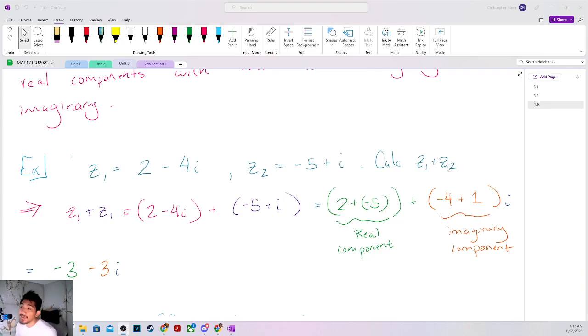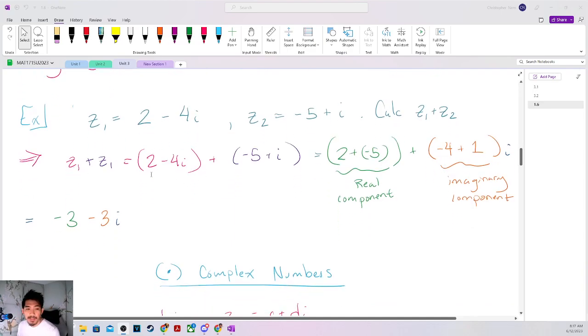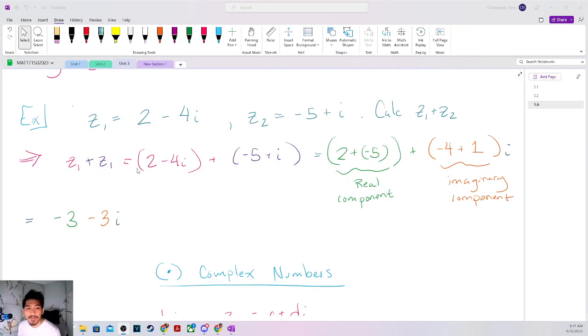Let's say I want to add them together. I'm just going to use parentheses. This is complex number 1, complex number 2. This should be z2, by the way. I apologize for that. Let me go fix that. All I'm going to do is add the real components with the real components and the imaginary components with the imaginary components, because those are the like terms.